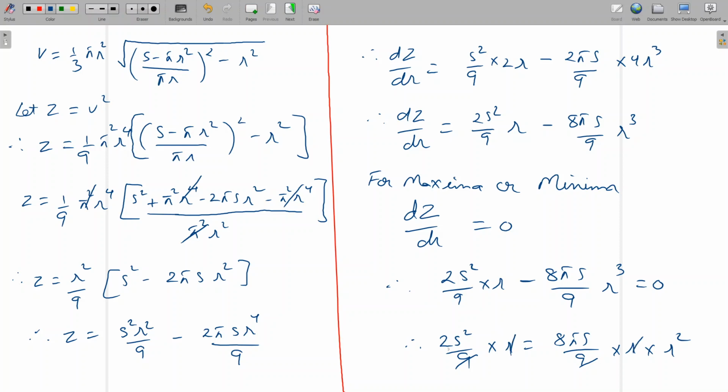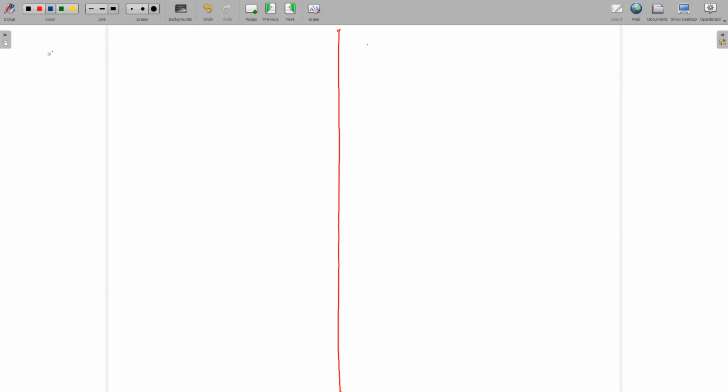Then here we have 2 S square equal to 8 pi S into R square. So this 2 and 8 will cancel, 2 will cancel, 8 will become 4, and one S will also cancel out. So therefore simplifying this, we get S equal to 4 pi R square. Therefore S equal to 4 pi R square.